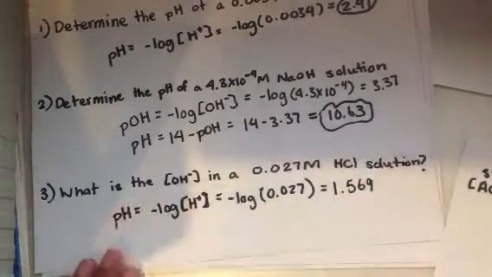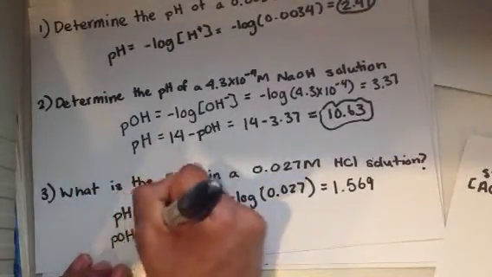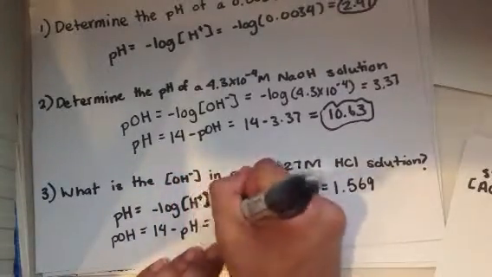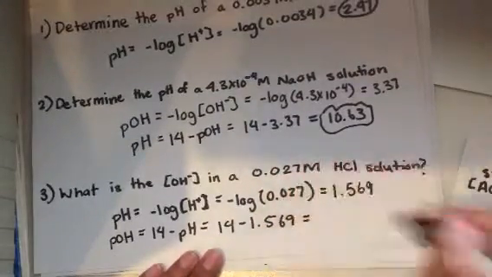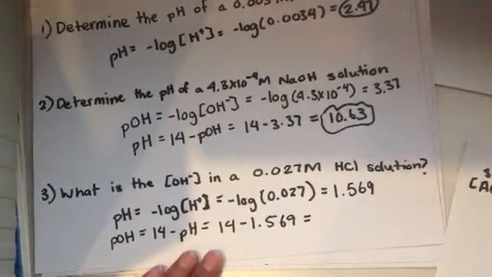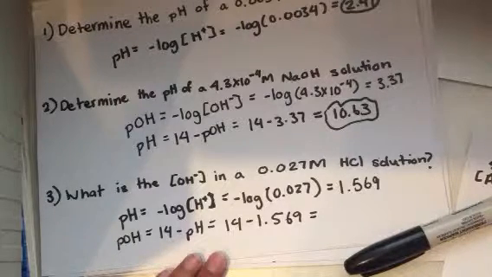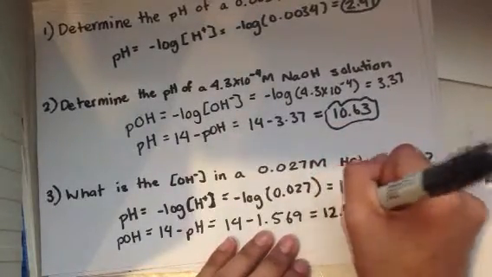1.569. Then we go to pOH, which we said is equal to 14 minus the pH, and that equals 14 minus 1.569, which equals 12.431.